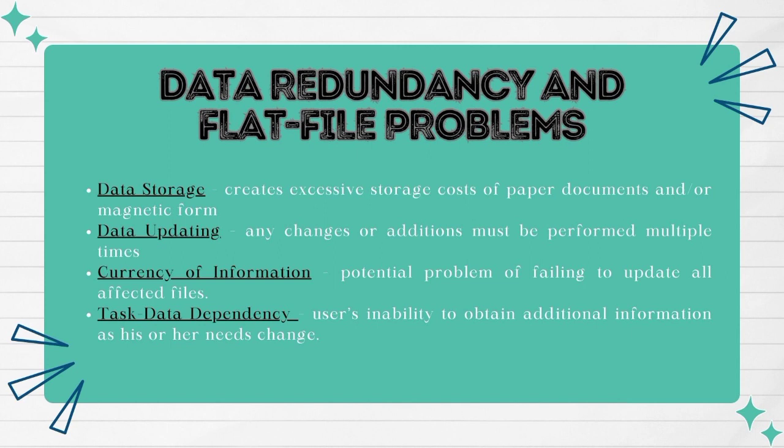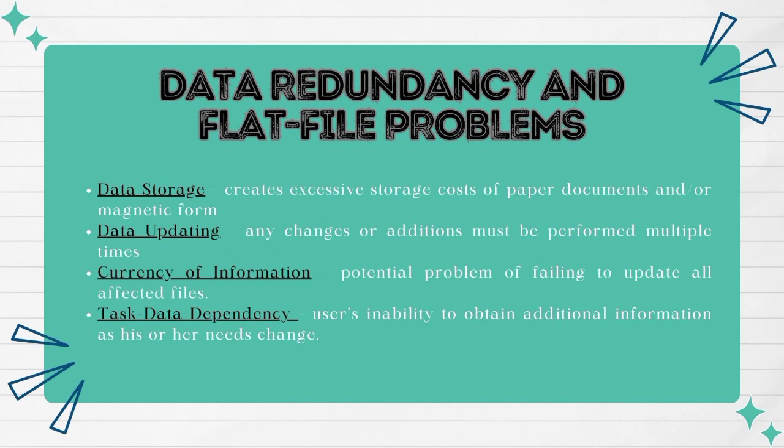So lastly is task-data dependency. So dito, users' inability to obtain additional information as his or her needs change. So bakit hindi kayang mag-obtain ng information? Dahil yung user's information set is constrained ng data na possessed and kinokontrol niya.